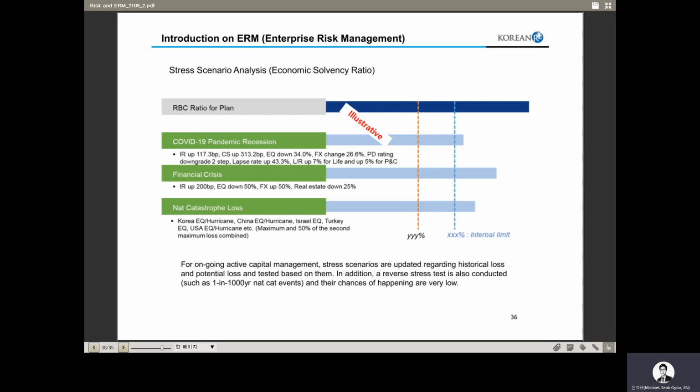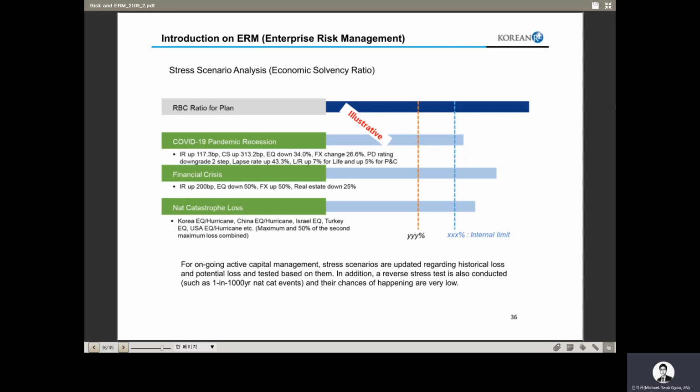And the next one is stress scenario analysis using the economic solvency ratio. There were the COVID-19 pandemic, recession and financial crisis, and net cat losses that we have simulated based on these stress scenarios. For ongoing active capital management, stress scenarios are updated regarding our historical losses, industry experience and potential losses.